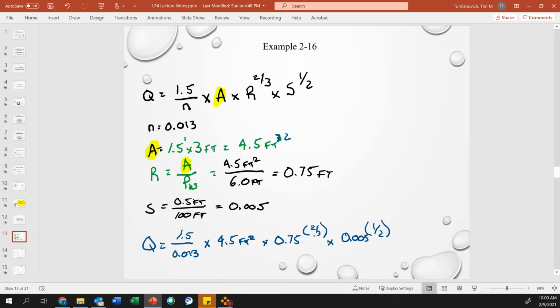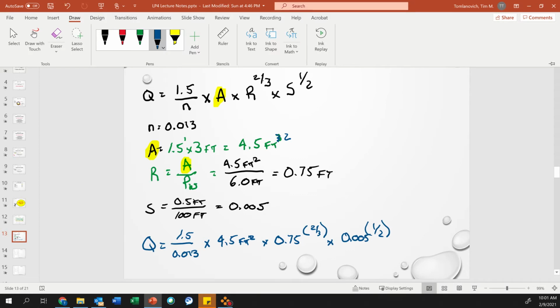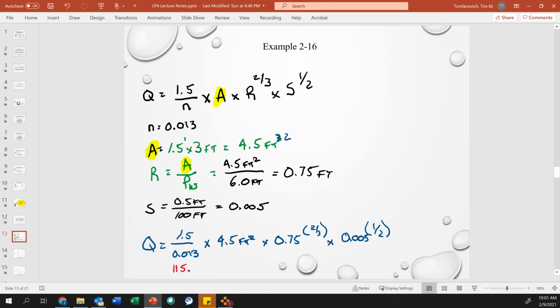Okay. So you've got to do order of operations. I'll talk you through this. 1.5 divided by 0.013 equals, so what I like to do is figure out each of these terms.